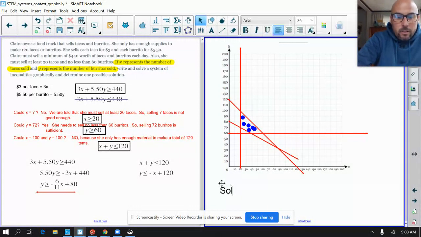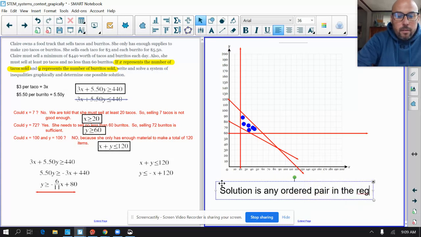So the solution is any ordered pair in the region where those blue dots are.